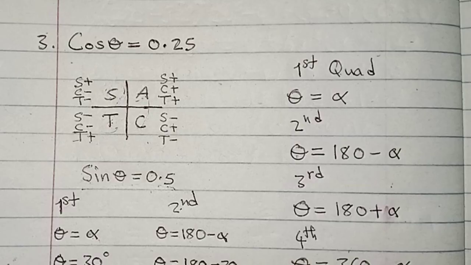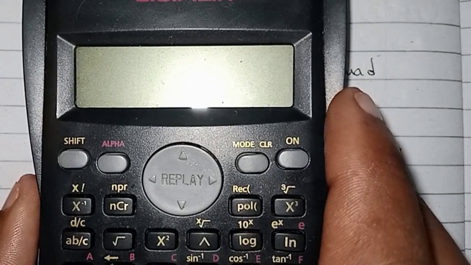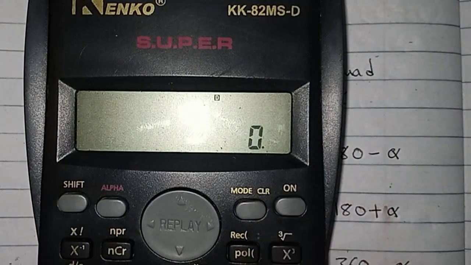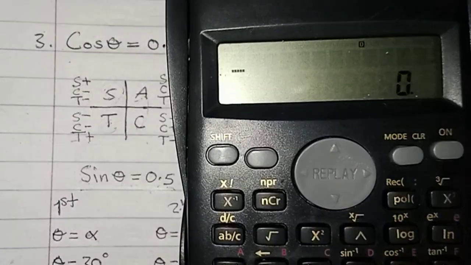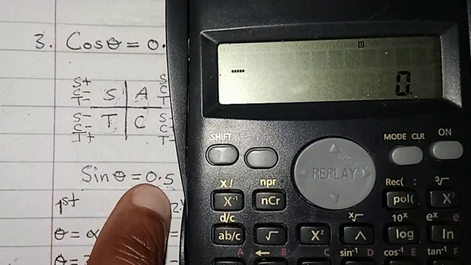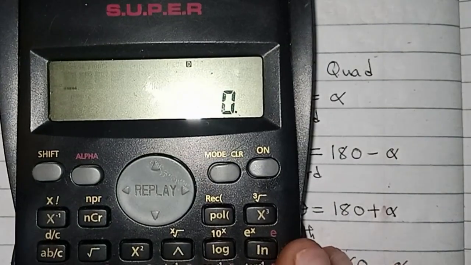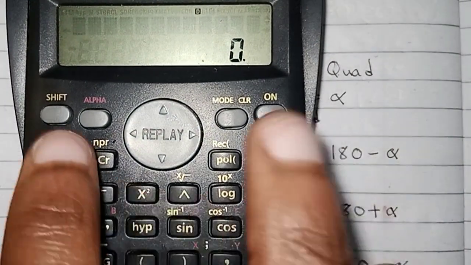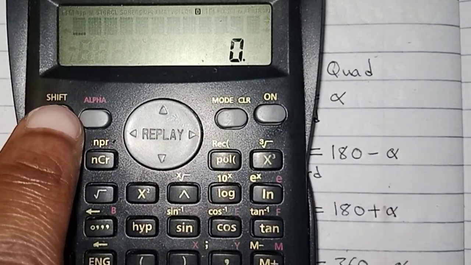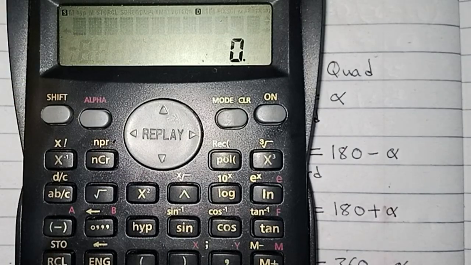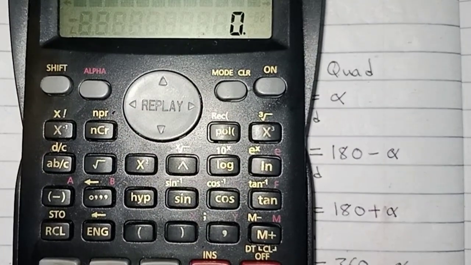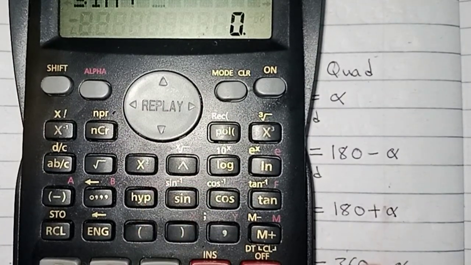To find the value of alpha, we can use our calculator. So here we have sine theta is equal to 0.5. We go on our calculator and click on shift for the second function. Then we see where our sine is.